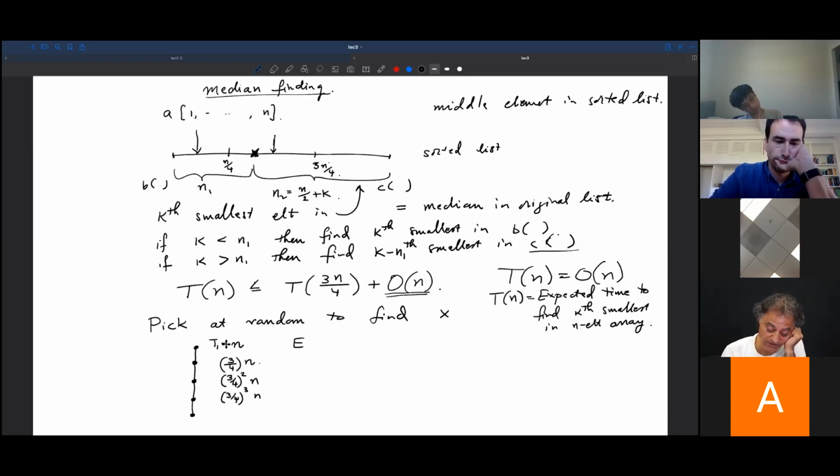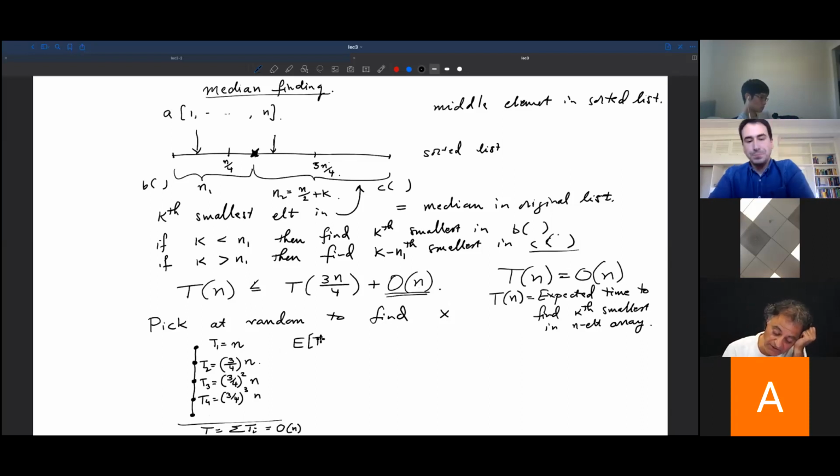Let's call these T1, T2, T3, T4. And so the total time is the sum of T sub i, and this is still order n, right? Now I'm claiming that the expected value of T1 is still, let's say, 2n.